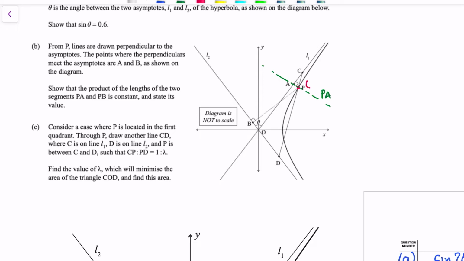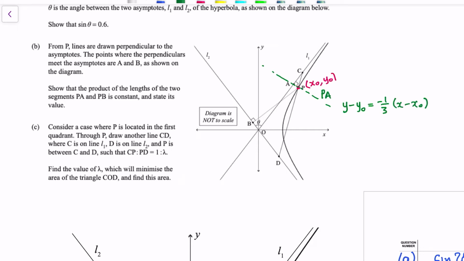Let's call P x0, y0. They do this in the schedule. It's a very common thing to do in conics. x0, y0 is a specific point on the curve, and we can write these equations in terms of that. We use the equation of a straight line: y minus y0 equals negative 1/3, the slope, times x minus x0.